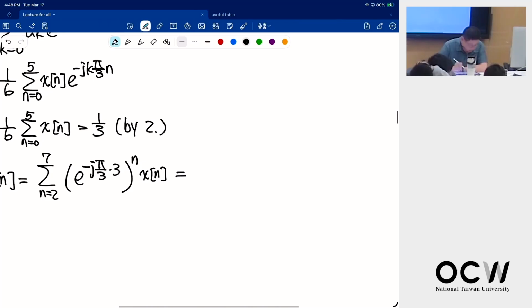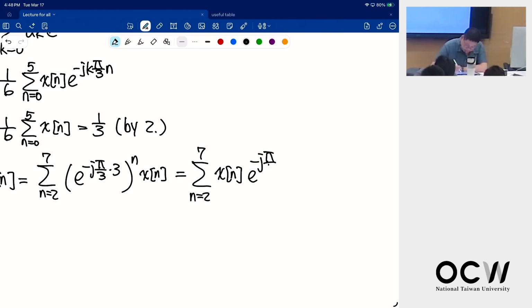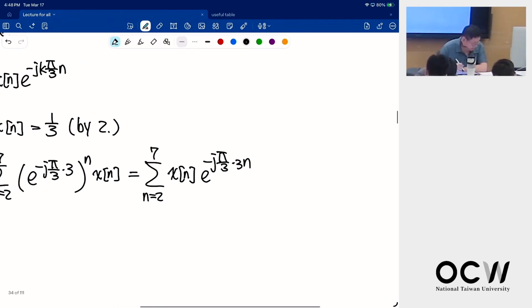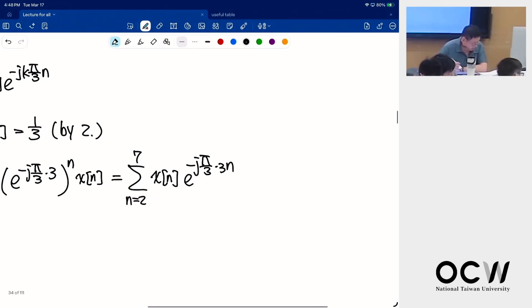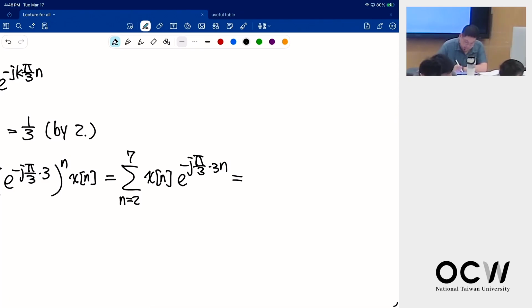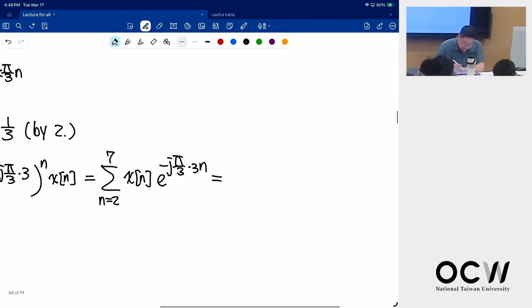So this will be n from 2 to 7 of x[n] e to the minus j pi over 3 times 3n. Well, x is periodic, so the summation from 2 to 7 is also equal to the summation from 0 to 5.